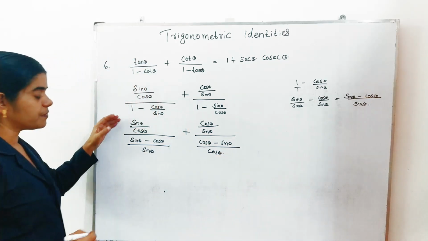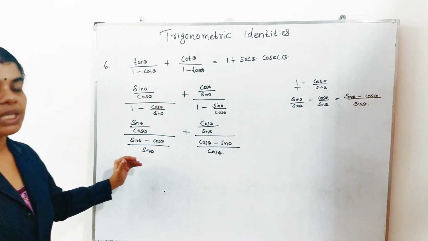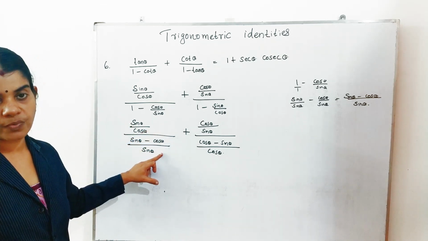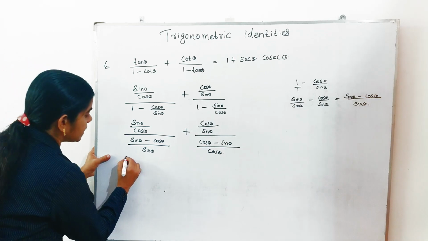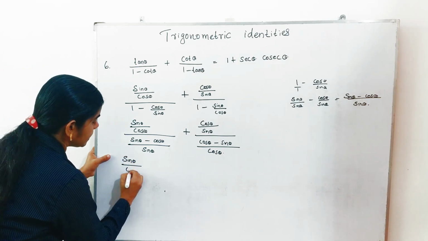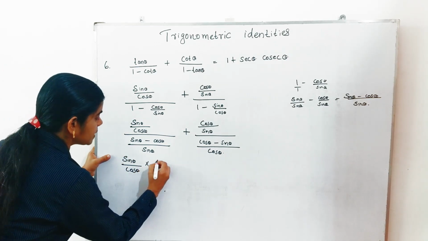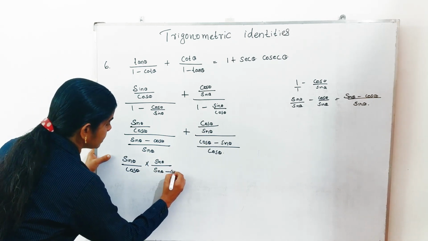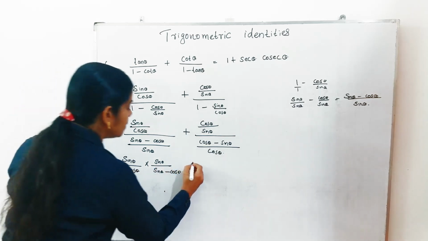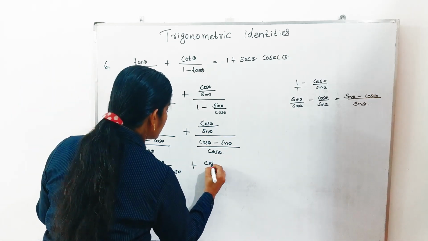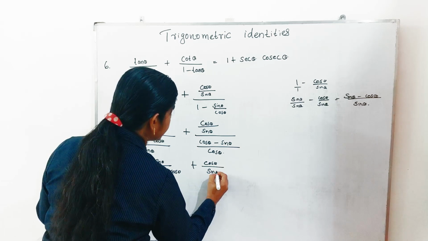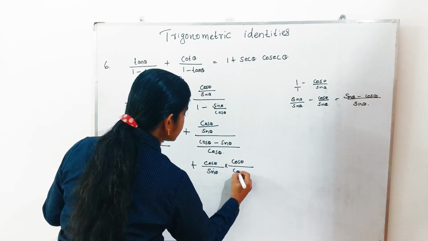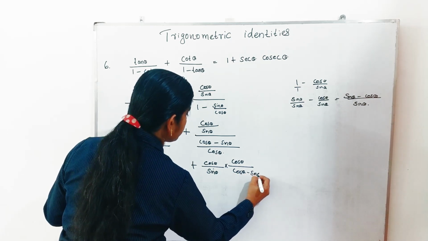You know that when two fractions are divided, what you want to do is multiply the first fraction by the reciprocal of the second. So sin theta by cos theta into sin theta by sin theta minus cos theta. That will be here. Plus here also cos theta by sin theta into cos theta by cos theta minus sin theta.